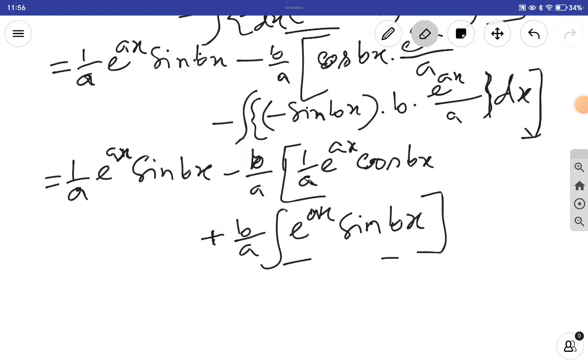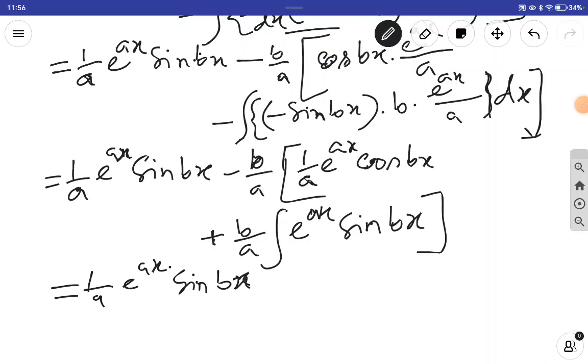So now 1 divided by a e to the power ax sin bx minus b by a square.